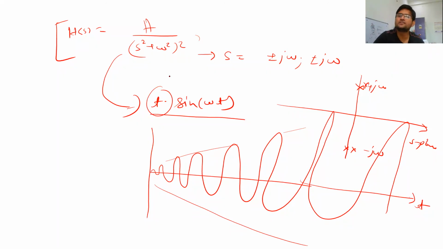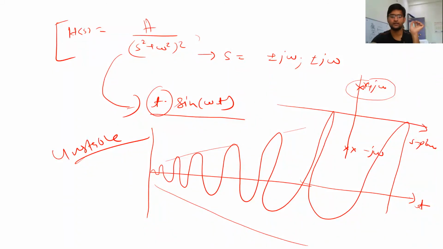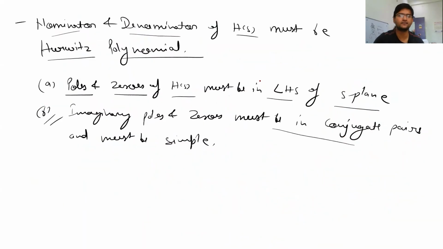So now this system is not stable. This is unstable, which means if you have multiple poles, or not simple poles, more than one pole on the imaginary axis at the same point, then you are going to get an unstable system. So that is why this second condition was here.